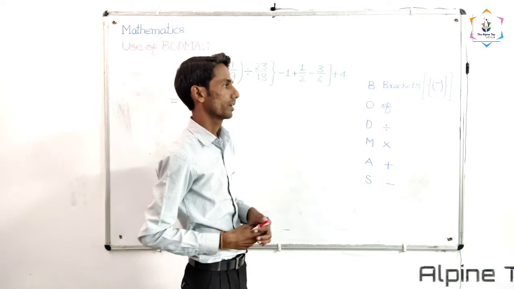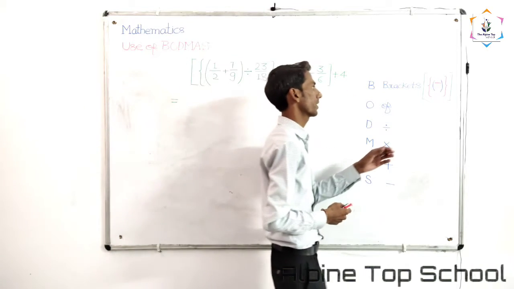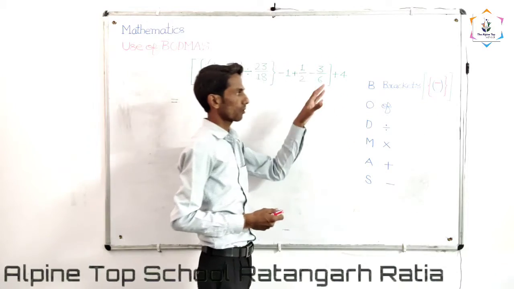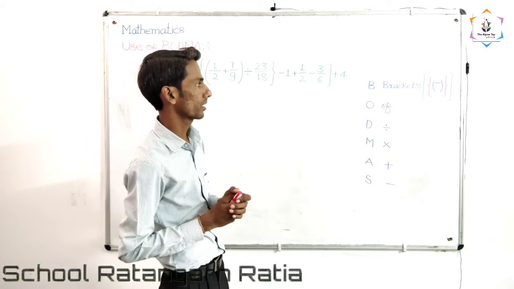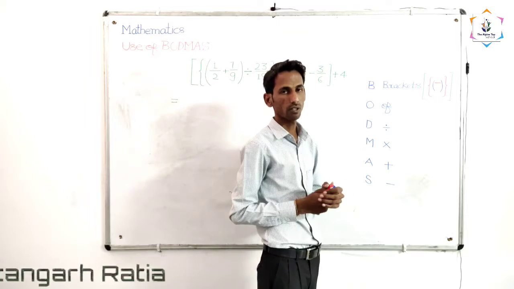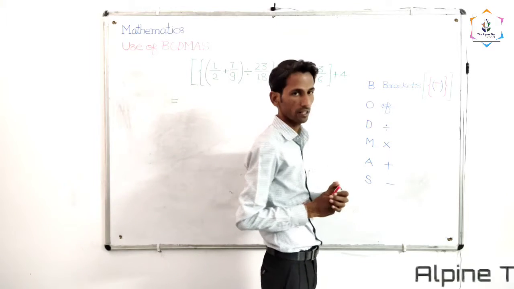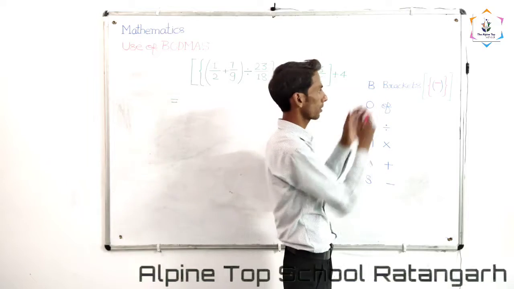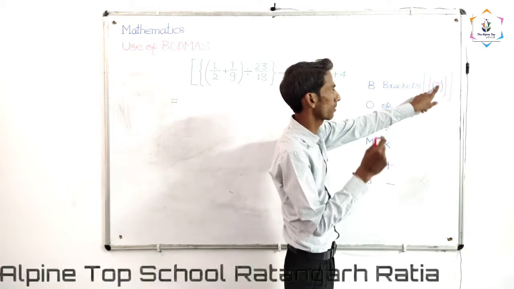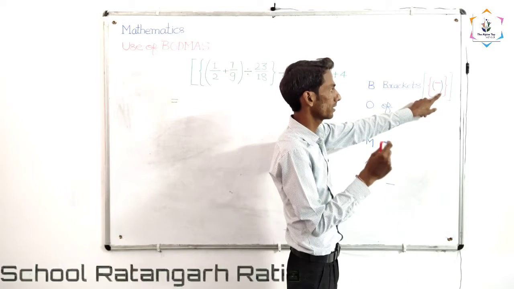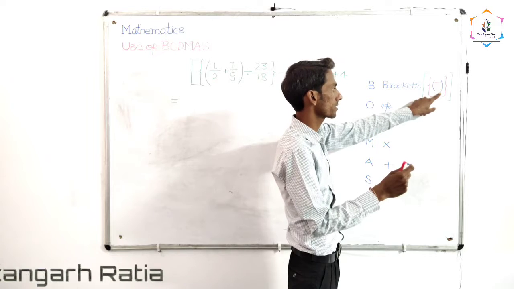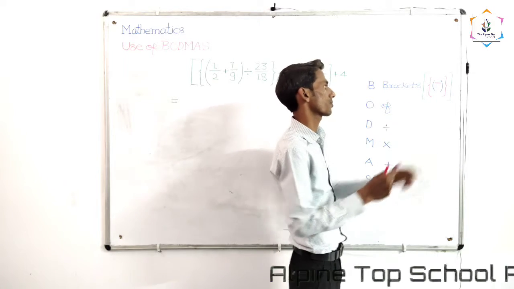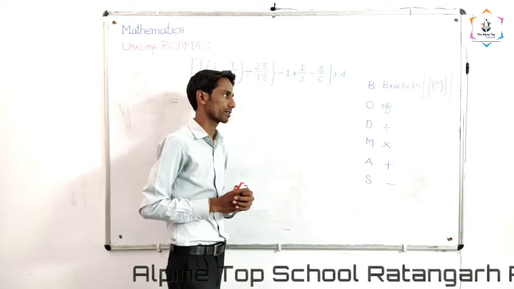Dear students, if we face all or some of these brackets in any mathematical problem, we have to solve them according to a particular sequence, and that sequence I have already mentioned. Firstly, you have to solve the line bracket, then small brackets, then curly brackets, and at the last we have to solve the square brackets.